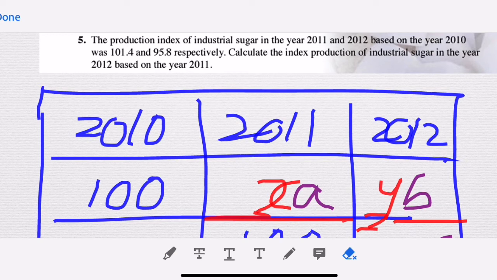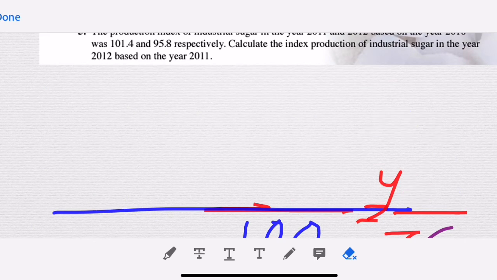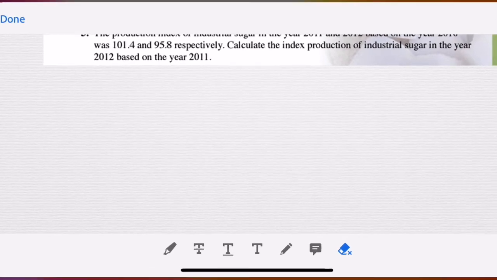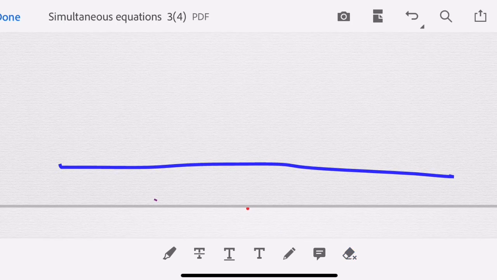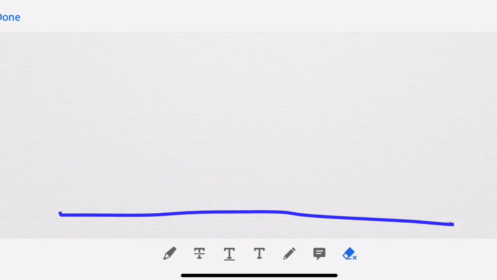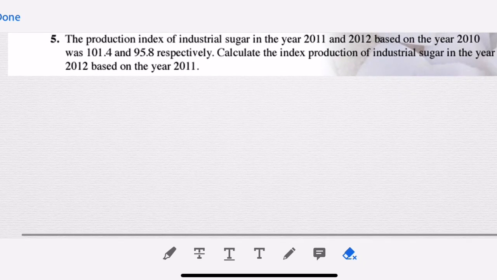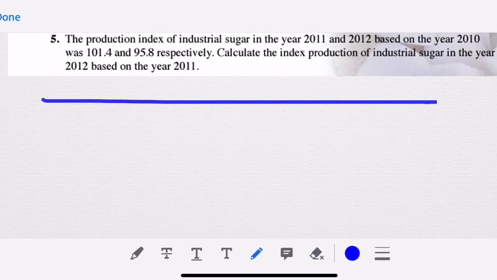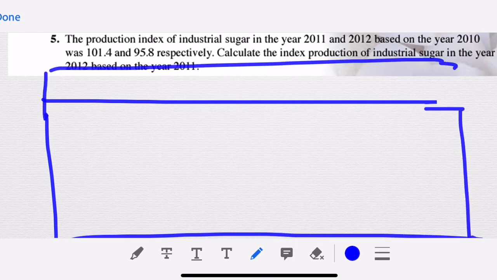Let's draw a new table and plug in all the values accordingly, right? For the table method, you need to draw a table. Let's draw here. I'm going to draw the table like this.